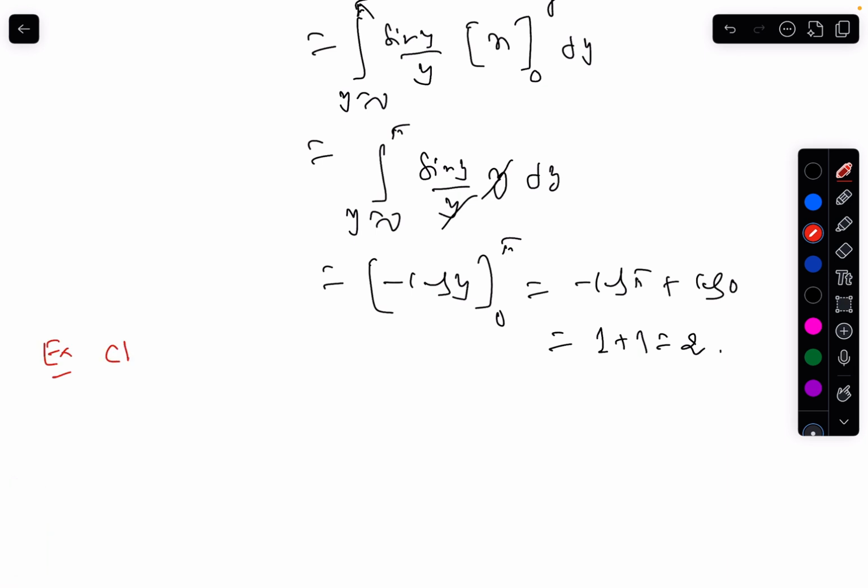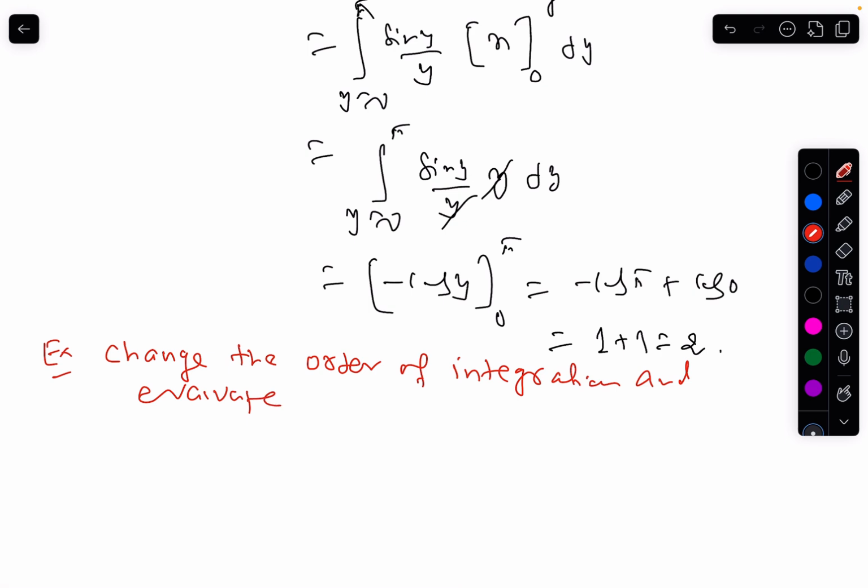So next, change the order of integration and evaluate. So x to 1, a similar kind of example, 0 to 1, sin y squared dy dx.